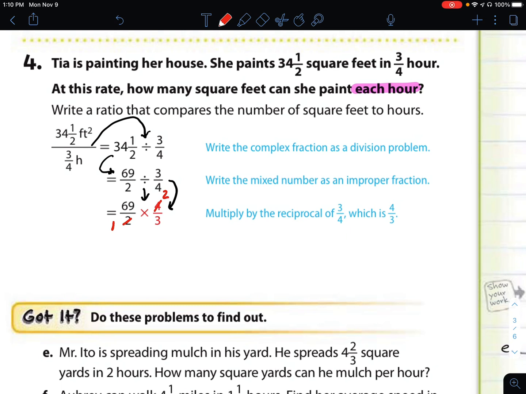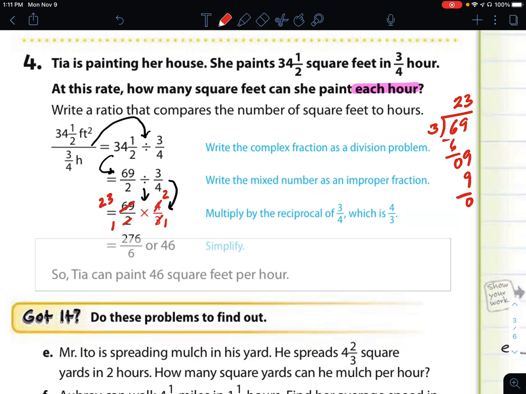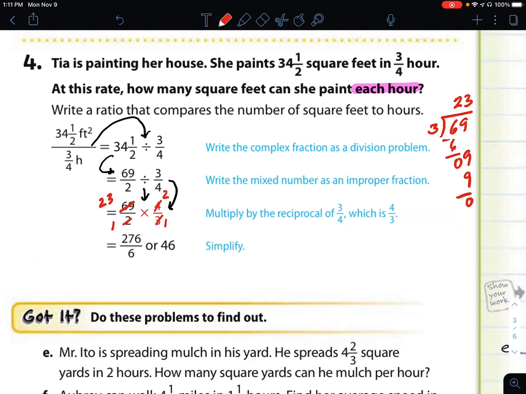The common factor of 69 and 3 is 3, so 3 divided by 3 is 1. And 69 divided by 3, let's find out. You have 2 here. 6 minus 6 is 0, bring down 9, and 9 divided by 3 is 3. So this is 23. Or you can multiply straight across, as what the book did, which is 276 over 46.